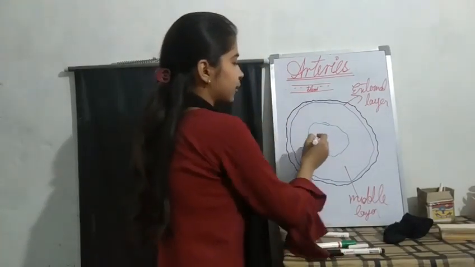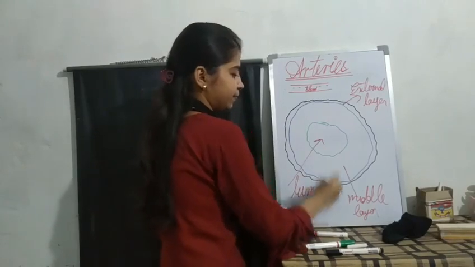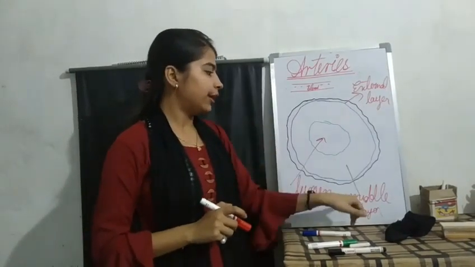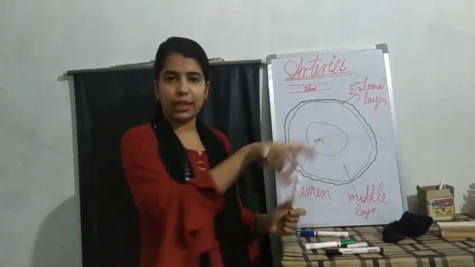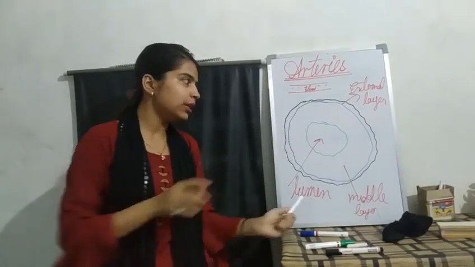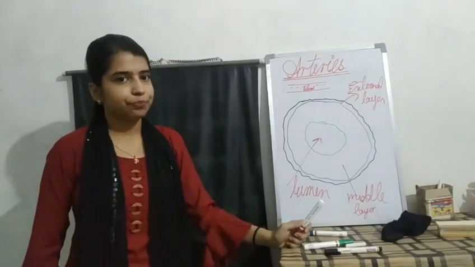And in the center, the cavity shown here is the lumen. So it has one external layer, then this is your middle layer, and in between there is a cavity, the cavity that I was showing you through the pipe. That cavity is your lumen, and through this cavity only the blood will be flowing.